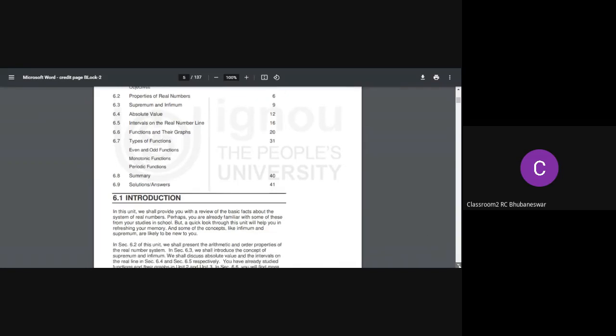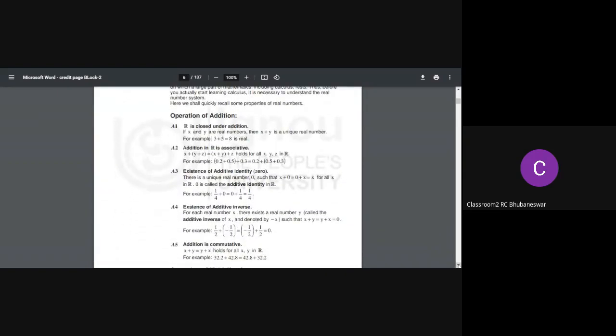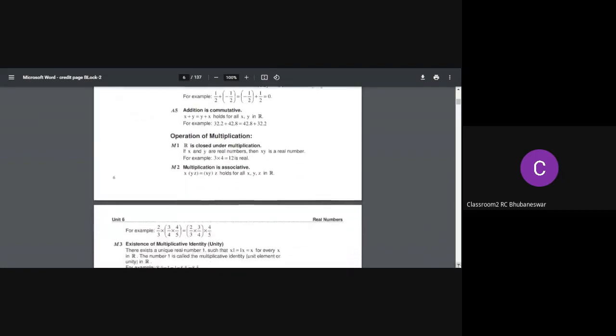So now, let us focus on some basic definitions. These definitions and basic ideas are known to us. They are operations of addition, that means closure under addition, associative, commutative property, additive inverse. All these basic operations are well known to us, and we already use them at school level.